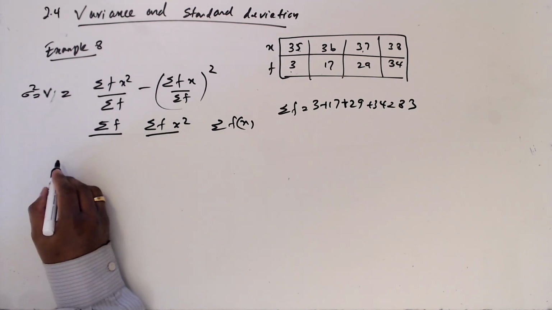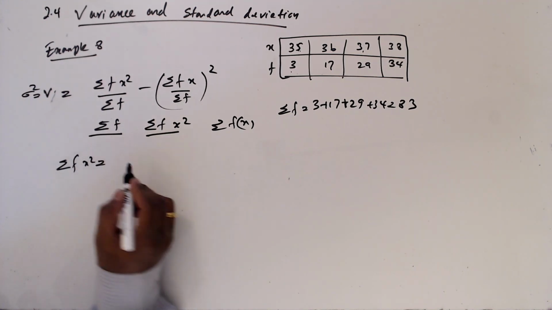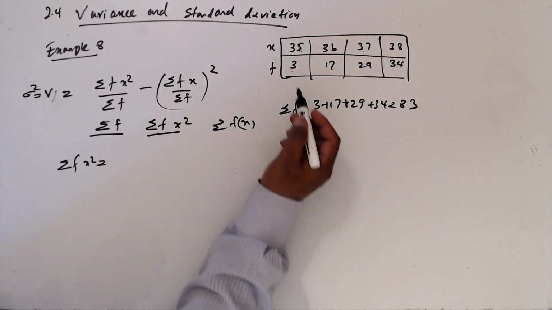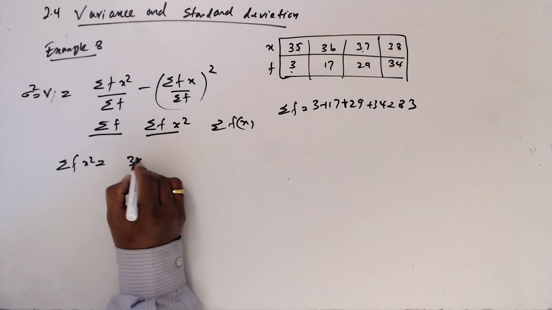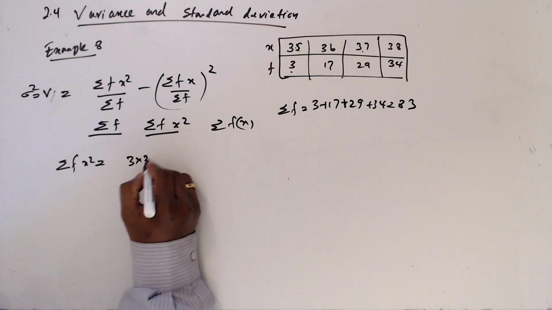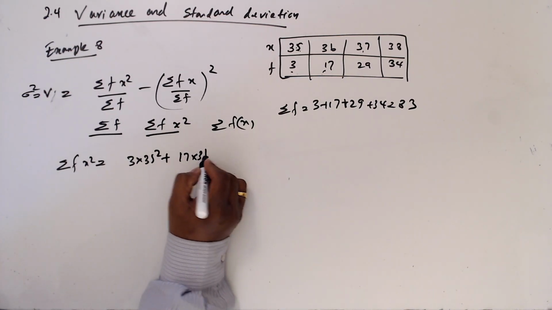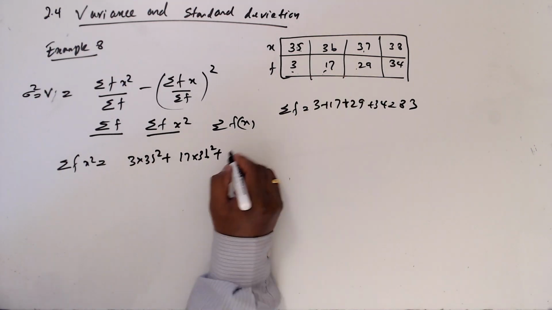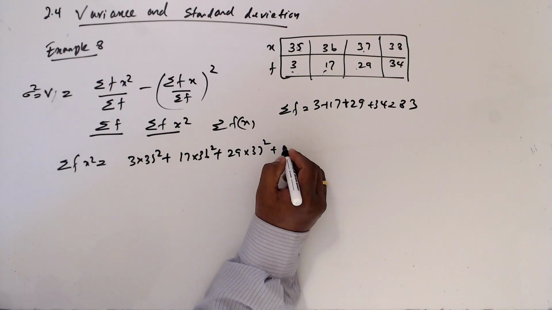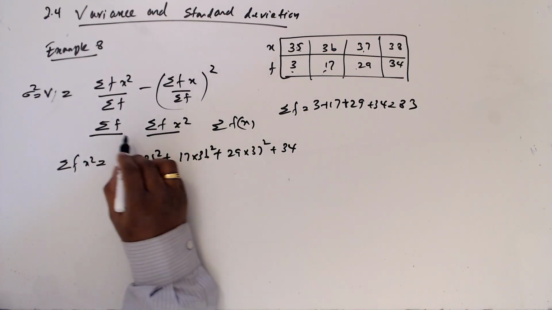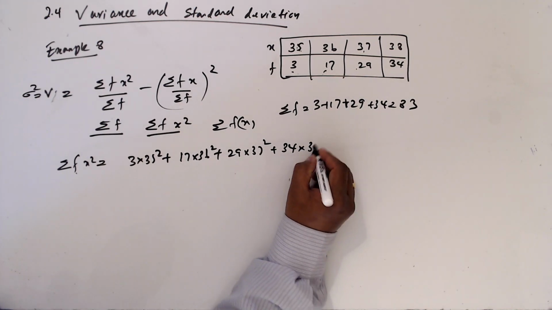Now summation fx square, right? So this is f times x square: 3 times 35 square, add 17 times 36 square, 29 times 37 square, and 34 times 38 square.